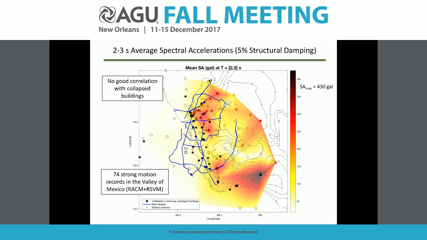We thank them a lot for this huge effort to have this very, very useful set of data. What we see here are the spectral accelerations, the response spectra averaged between 2 and 3 seconds. So here's the maximum value. I can read from here, it's more than 400 gal.